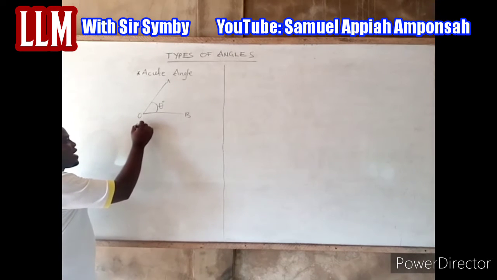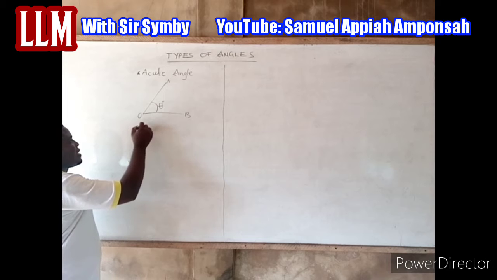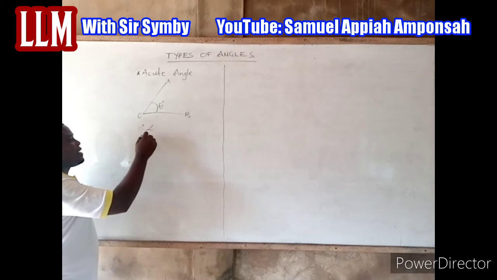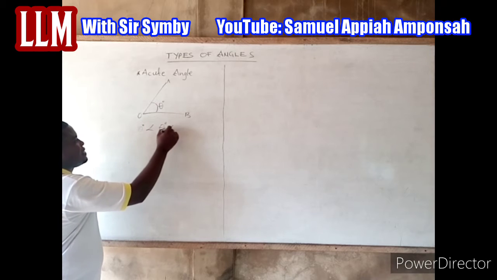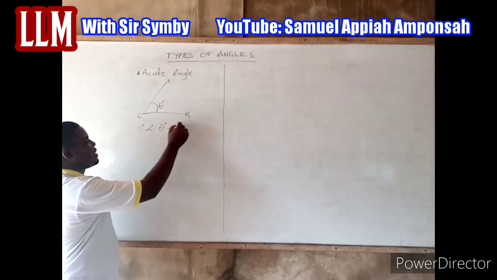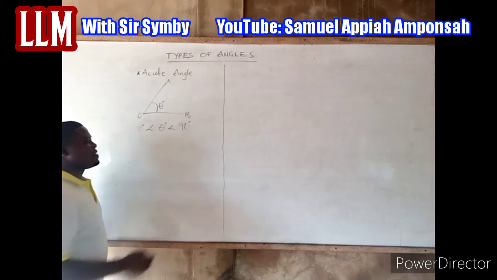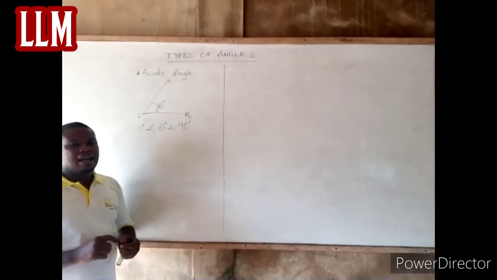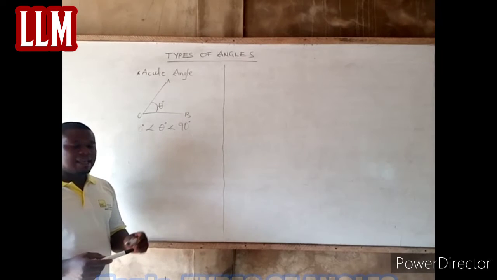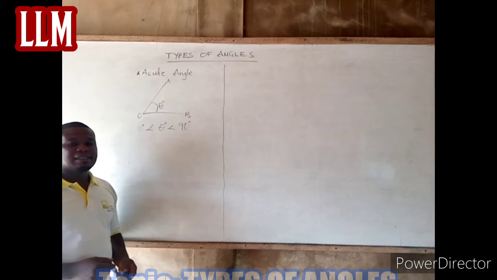Why? Because angle theta is greater than 0 degrees, but theta is less than 90 degrees. Therefore, an acute angle is any angle which is less than 90 degrees.